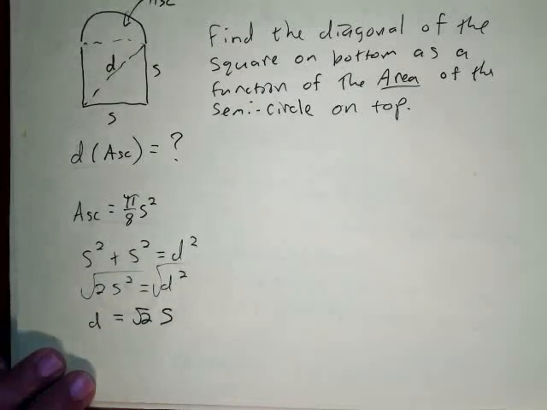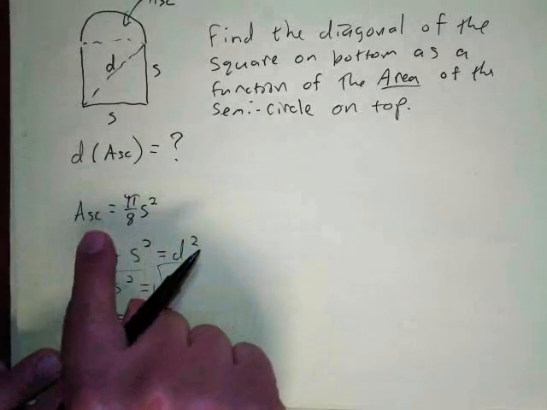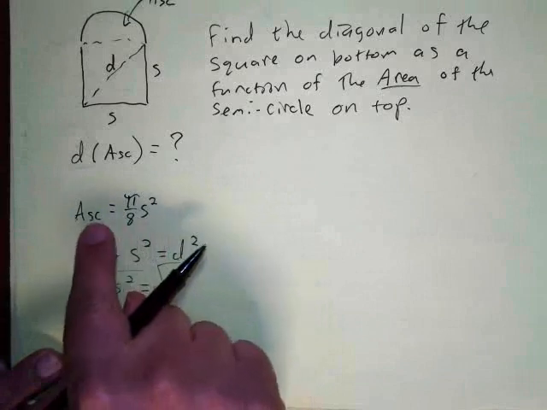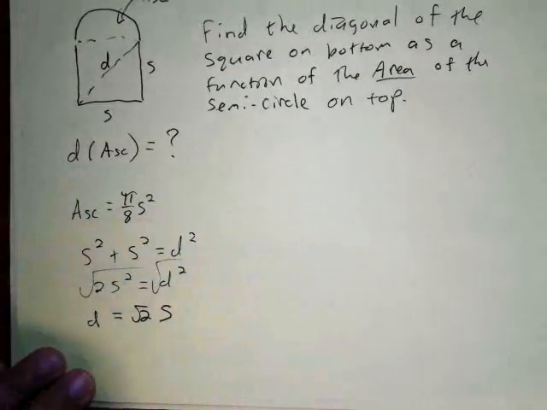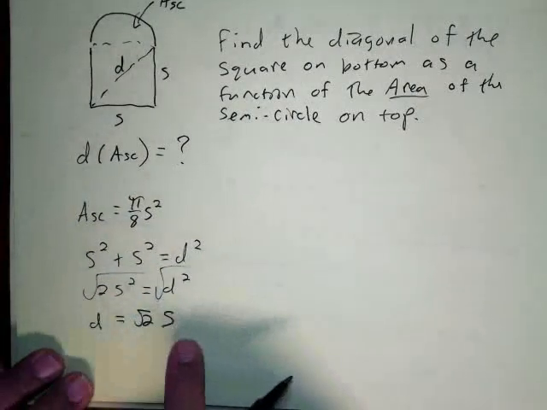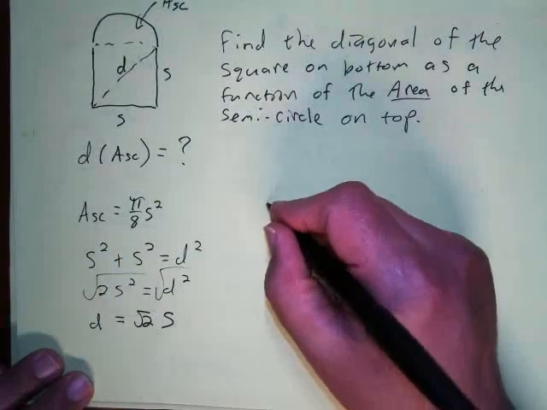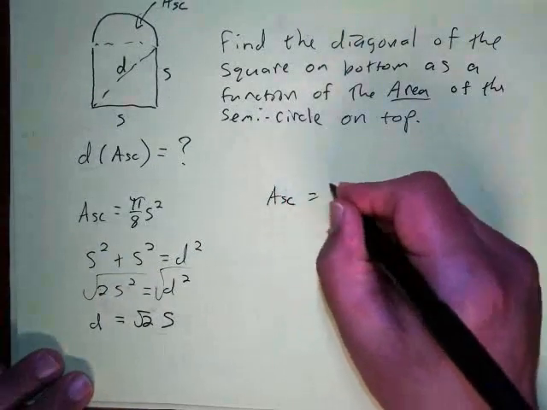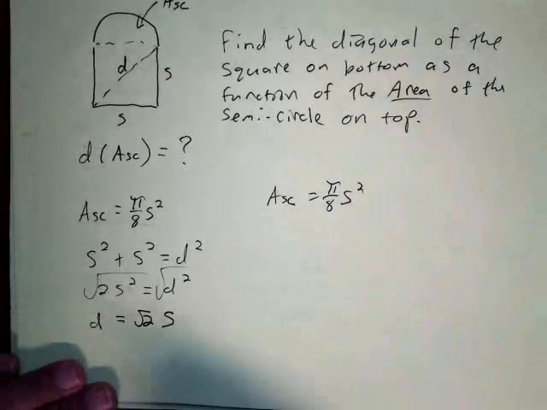So it looks like if I can solve this for s, so I can get s in terms of the semicircle, and then I could plug it in here, then I would have a function for the diameter. So that's what I'm going to do. Okay, ASC is equal to pi over 8 times s squared.